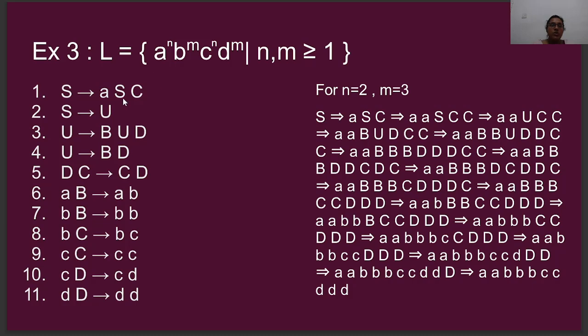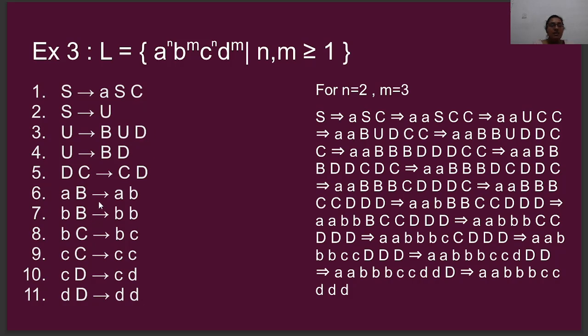So what we're actually doing is we are ensuring A and C are of the same number and B and D are the same number. So U can be expanded as B, U, D or B, D. Okay, so A, S, C ensures A and C are the same number and B, U, D ensures that B and D are of the same number.